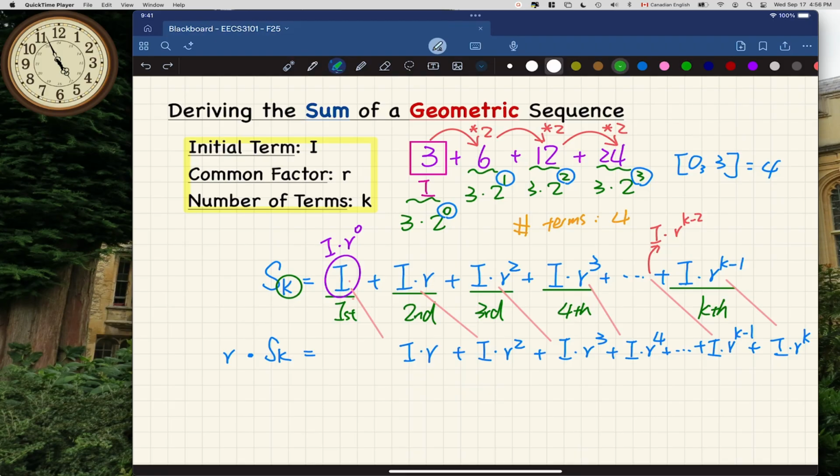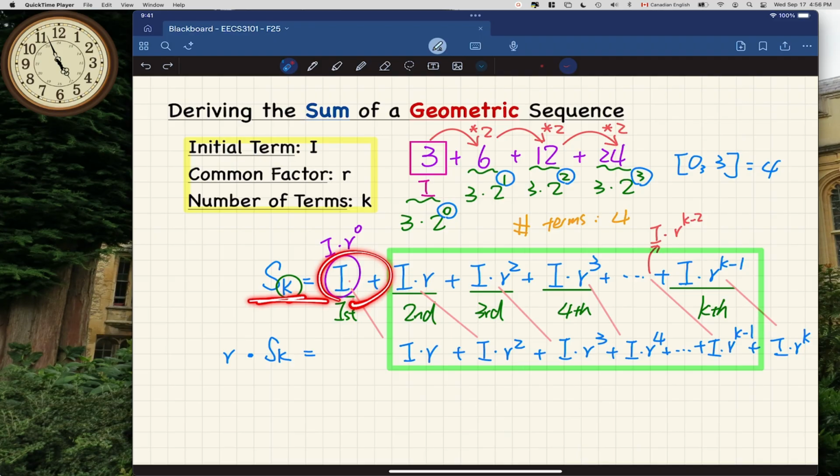And then we're just going to identify some common block here. Let's say right here. This part over here is exactly the same, right? So the only difference is we got I here from the original sequence, and we got I times r to the k from this new one here. Okay? So what we do is subtract them from each other.